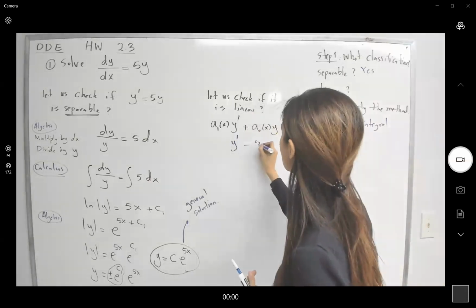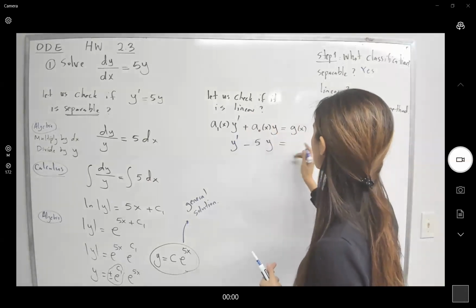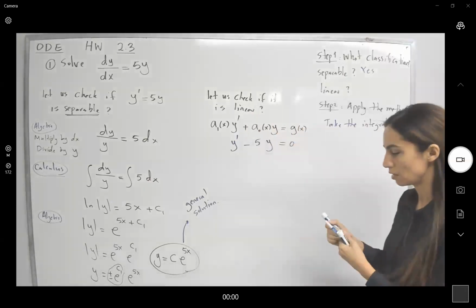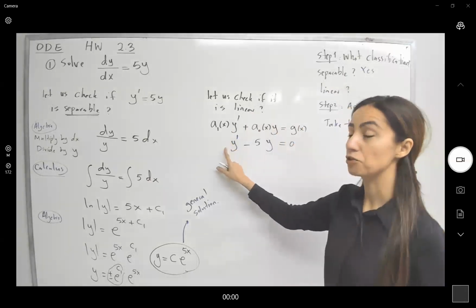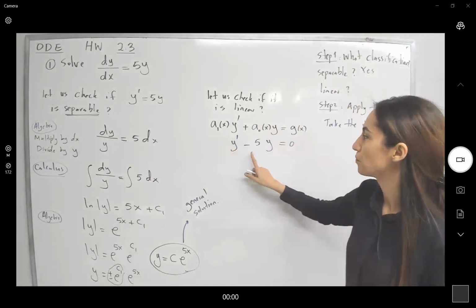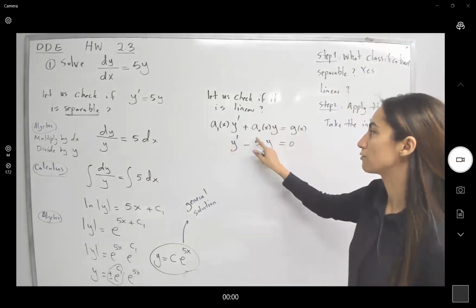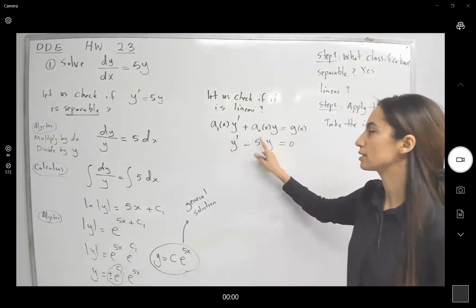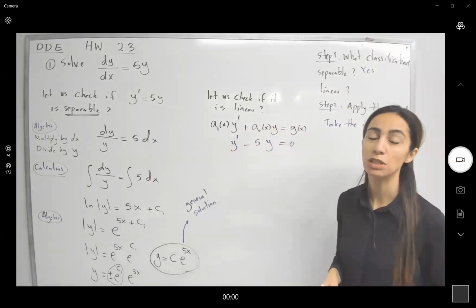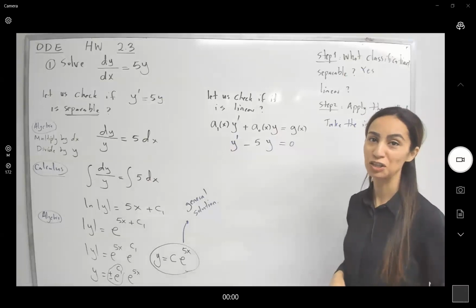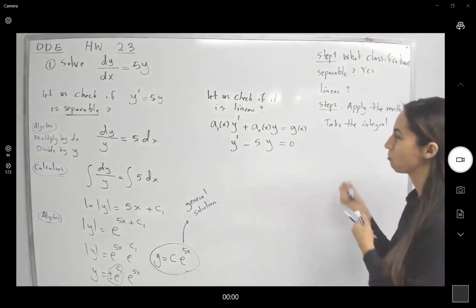You get y prime minus 5y equals 0. By comparison, here you see you have y prime and the coefficient is just 1. So far, so good. Here you get minus 5. So a sub 0 is a constant, negative 5 times y equals g of x, which is 0. So it means that we have a homogeneous linear differential equation.